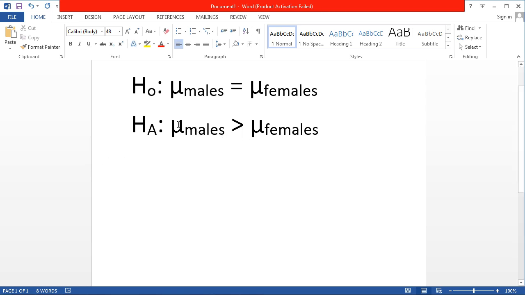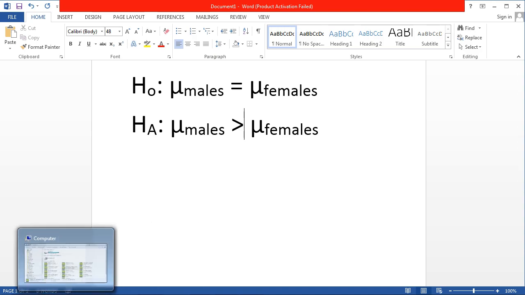We're saying our alternative would be, let's see if there's evidence to say that males weigh more than females. Anytime you say more, less, or not equal to, you're talking about an alternative, because the null states no knowledge of, well, males weigh more than females. The alternative says, well, I will show you evidence that males weigh more than females. Going back here to our output, let's look at the next question.